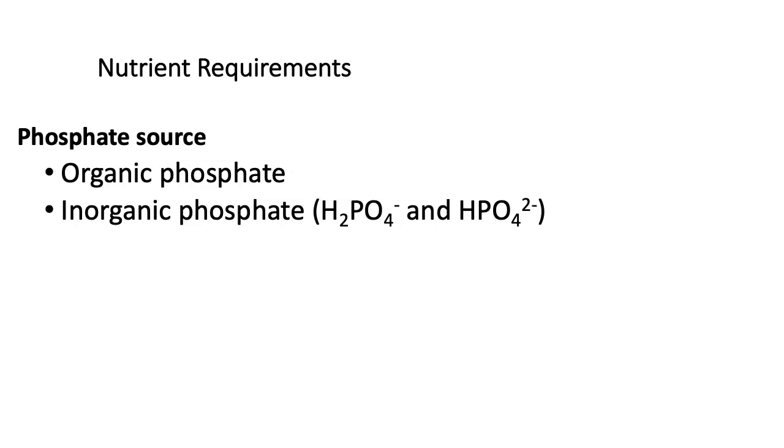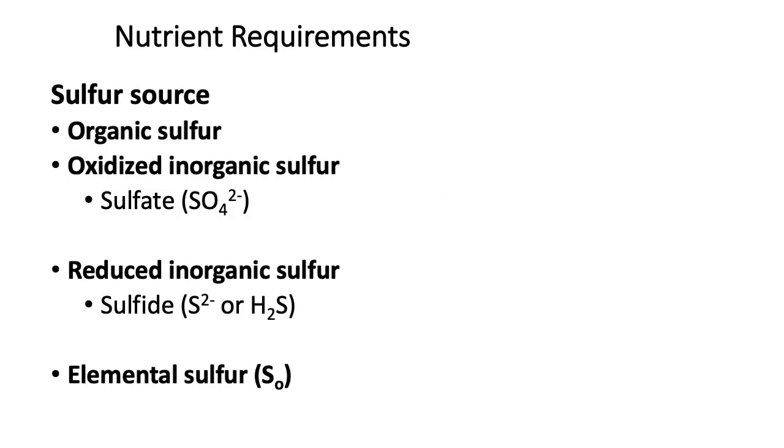Phosphate source. There are some microorganisms that also require phosphate either in organic form or inorganic form. Sulfur source. There are some microorganisms that can also use sulfur as nutritional requirement either in the form of oxidized inorganic sulfur, reduced inorganic sulfur, or even elemental sulfur.